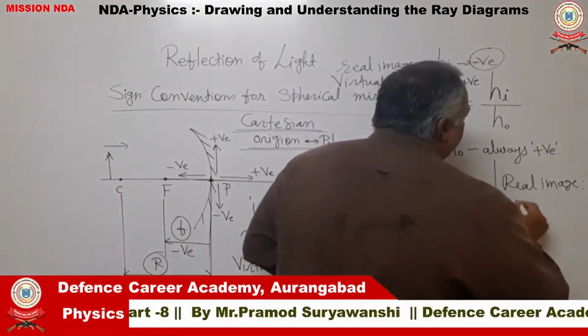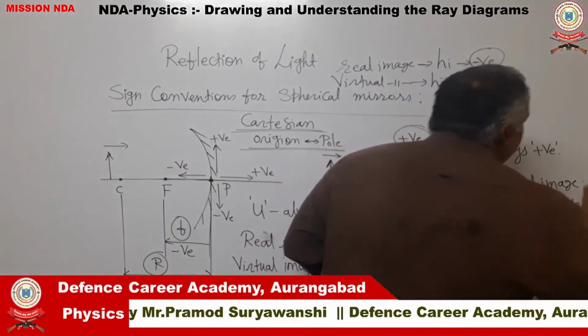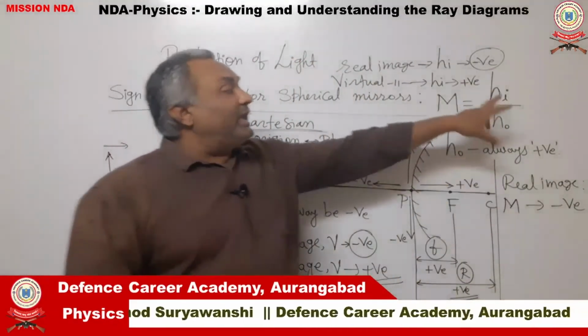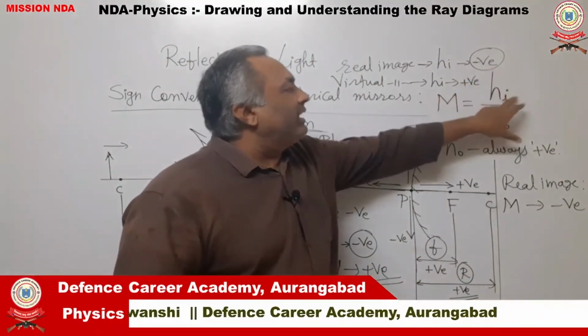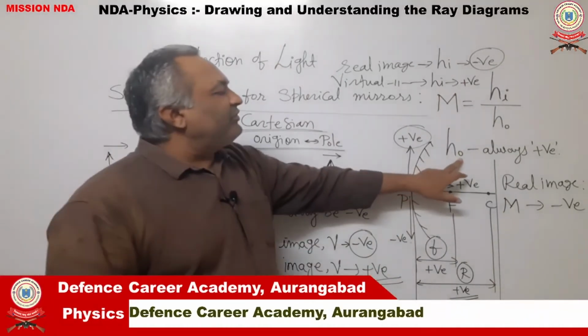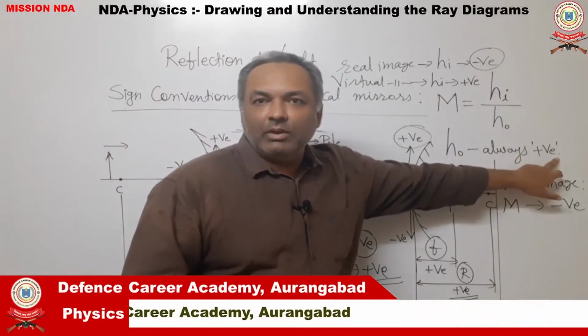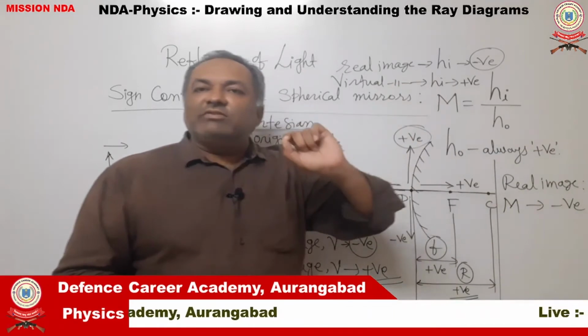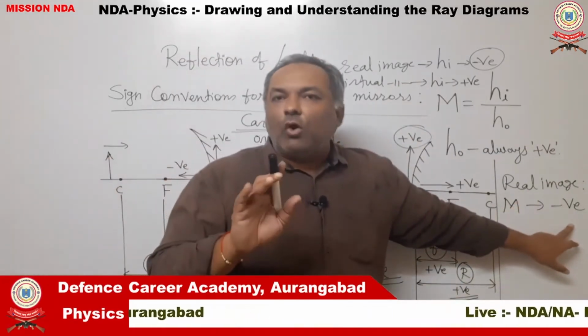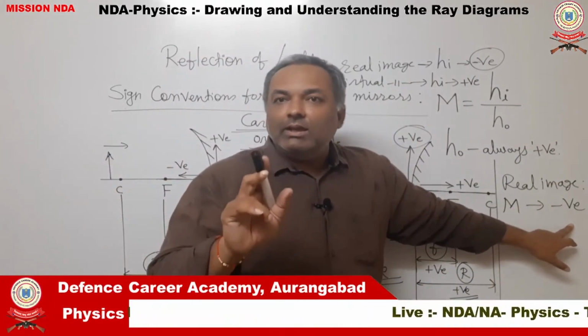Therefore, magnification will be negative. Why? Because there, the height of the image will be negative. But remember, the height of the object is always positive. So, if the image formed is real, magnification is always negative.